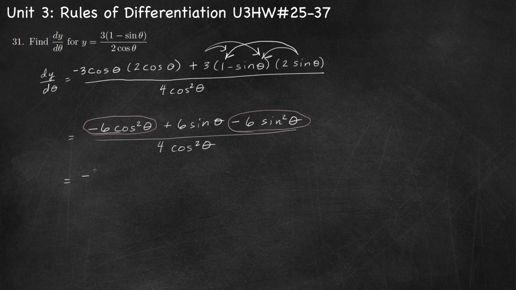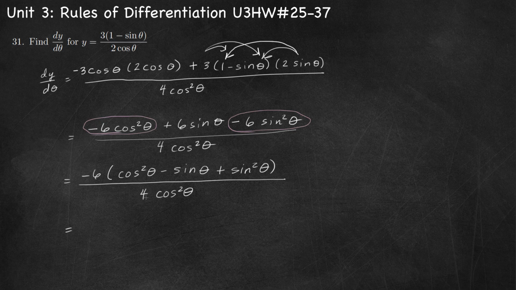If I factor out a negative 6, I'm left on the top with cosine squared theta plus sine squared theta. And this cosine squared theta plus sine squared theta becomes 1.